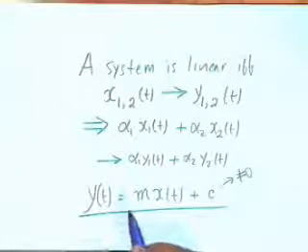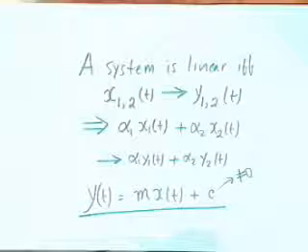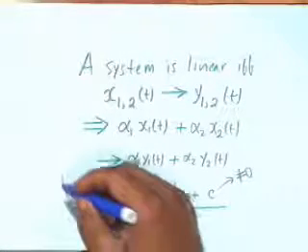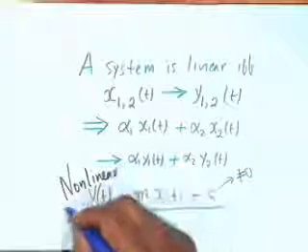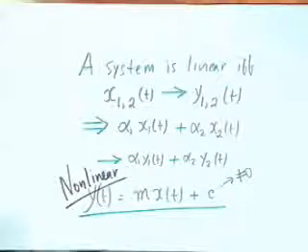The question is, is this system linear? Well, it turns out, although this is the equation of a straight line, it's a linear equation, but it doesn't represent a linear system. Why not? There's a very simple answer. Zero input does not lead to zero output, and therefore the system is not linear.